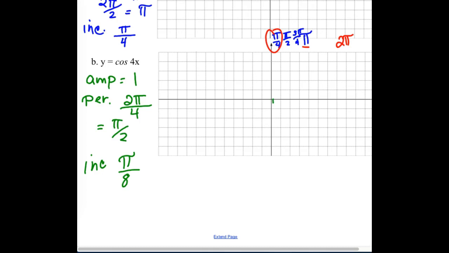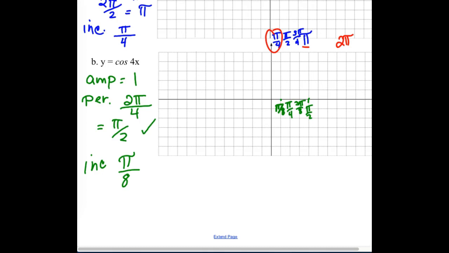I don't want to make tick marks like this, okay? There's no way I can picture my graph in that spacing. So just label it. My first space is going to be pi over 8. My next one would be 2/8, which would be pi over 4. Then I have 3/8, so 3 pi over 8. And then I have 4/8, which is pi over 2. And that's what our period was supposed to be, correct?